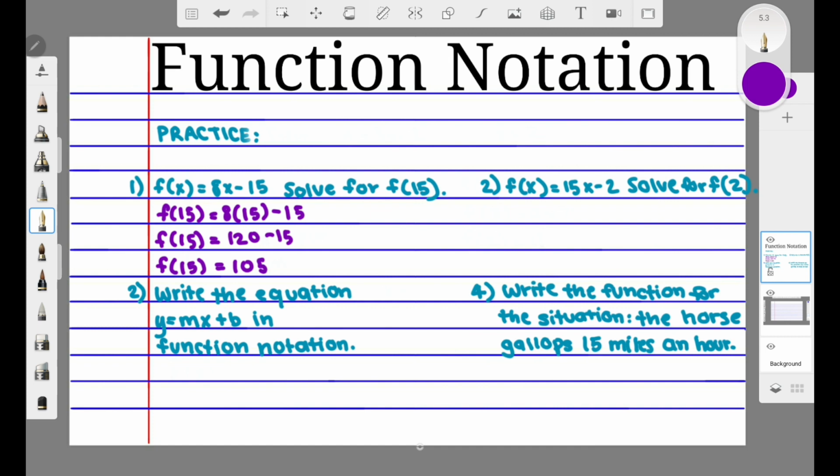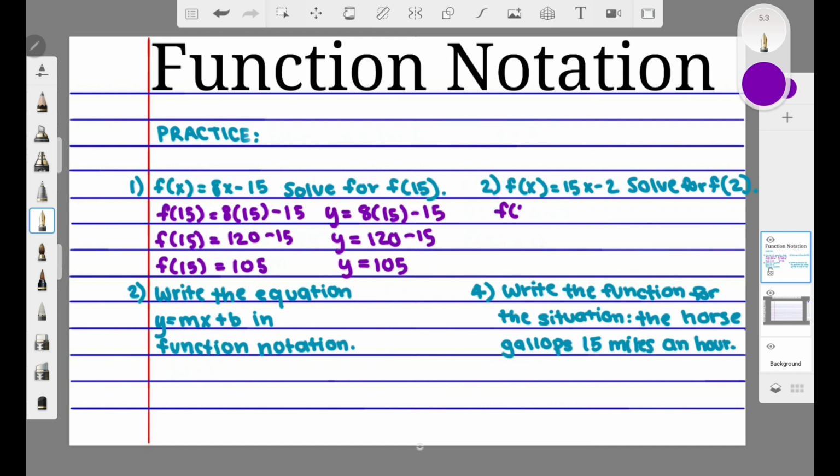In the same way, if this was just given as a regular equation, we would plug in x and we would just get y is equal to 105. So basically it's the same process, just a little bit different way to write it. For number 2, same thing.